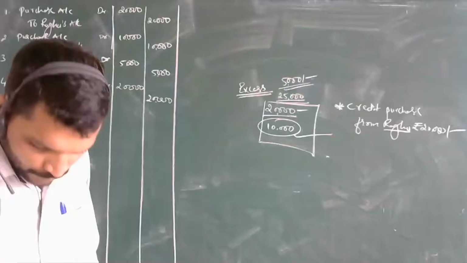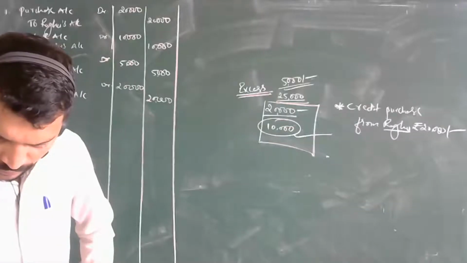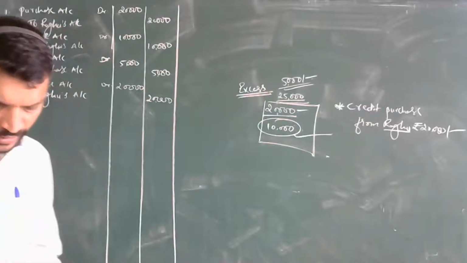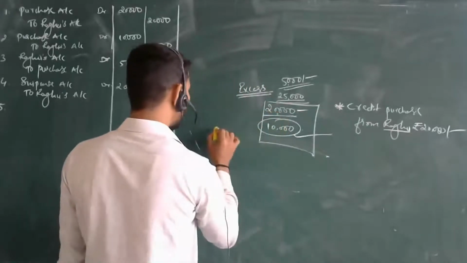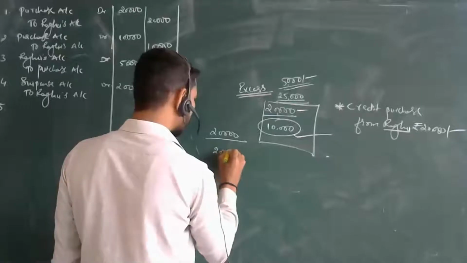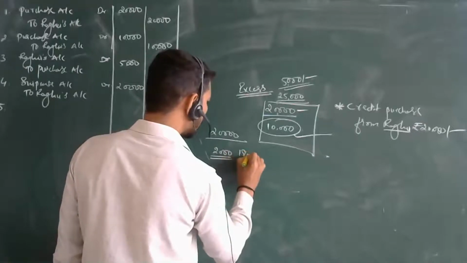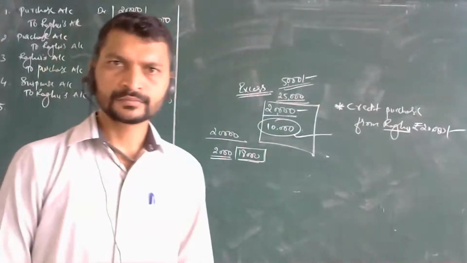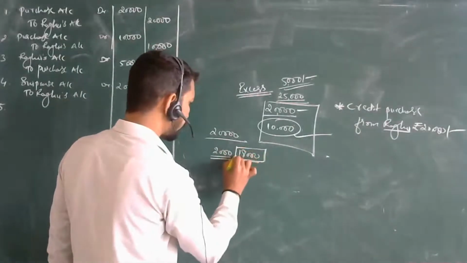The fifth entry, what has been told? Posted to his account as 2,000. Now here we have a wrong amount entry. Instead of 20,000, we posted only 2,000, which means 18,000 remained. So the same entry will take place, for the shortage of amount which has been posted.